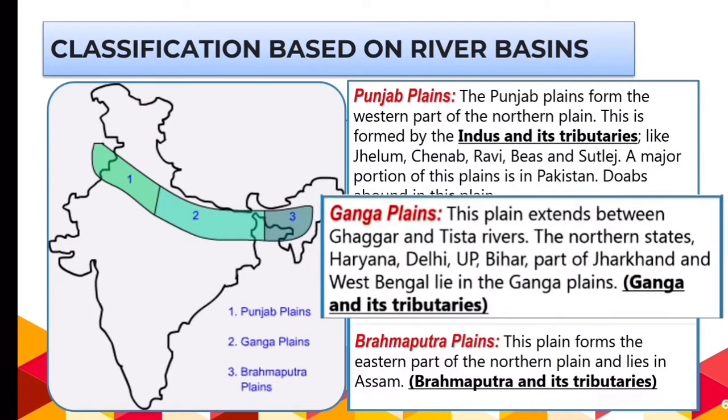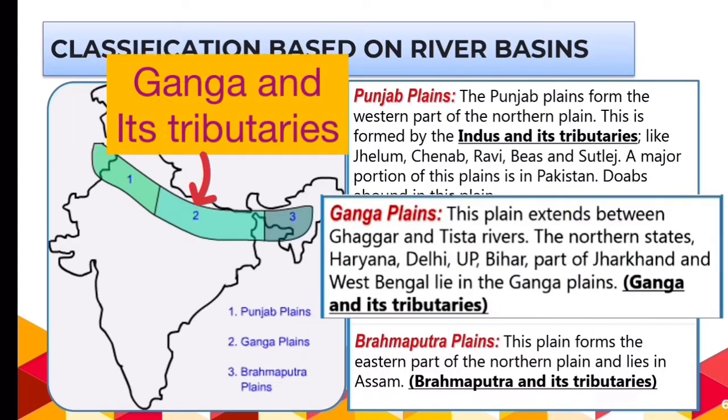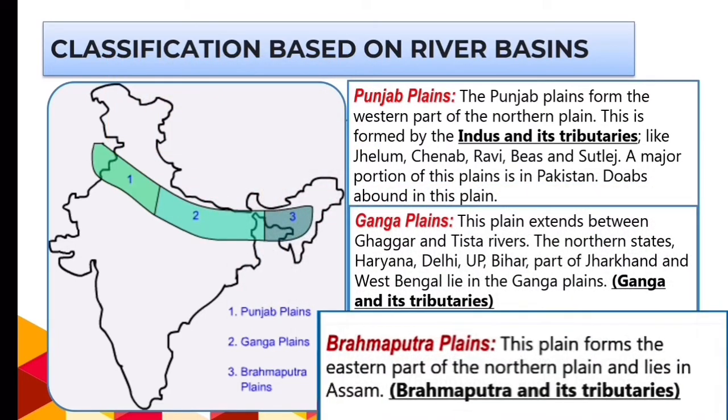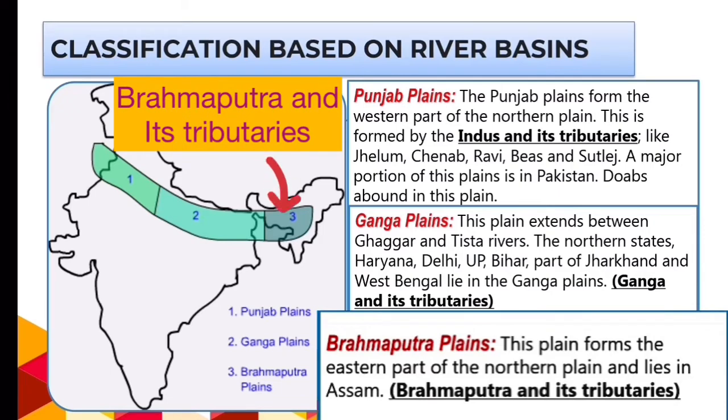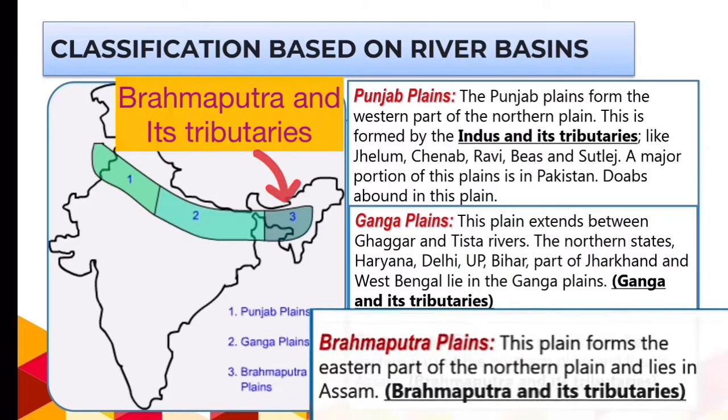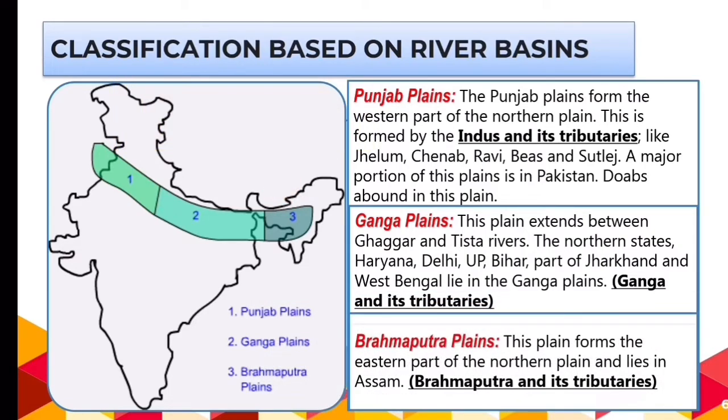Ganga Plains, on the other hand, is the deposition of sediments formed by river Ganga as well as its tributaries. So you can see the given diagram marked as 2. While Brahmaputra Plains are formed by Brahmaputra and its tributaries, which is marked by 3 in the given diagram. So on the basis of river basins, the Northern Plains can be classified under the category of the 3 given plains.